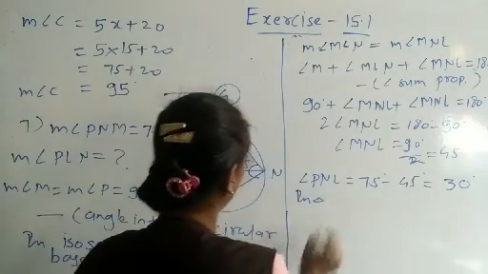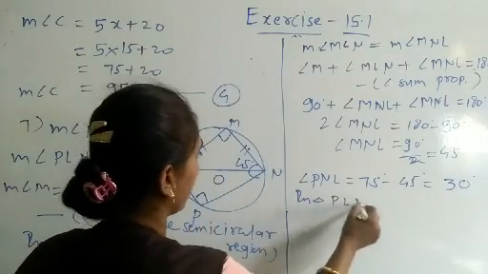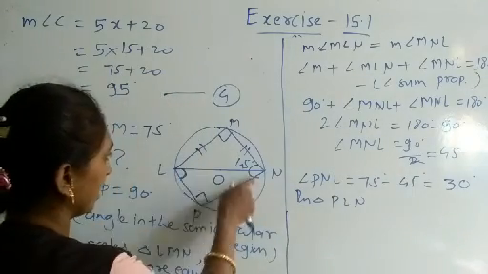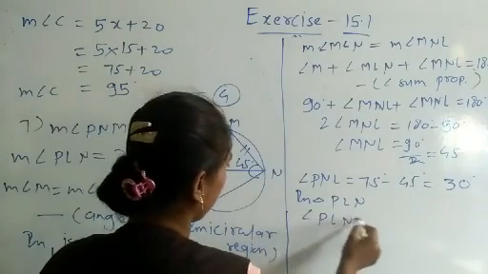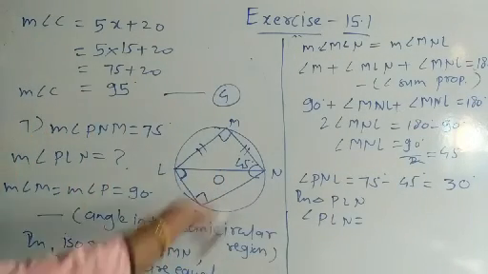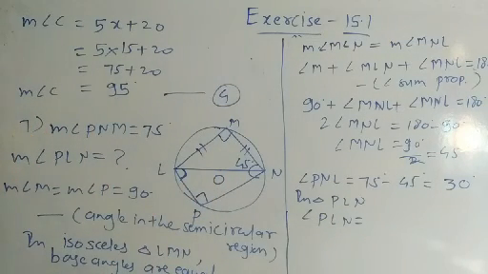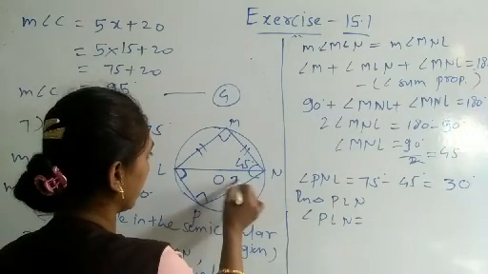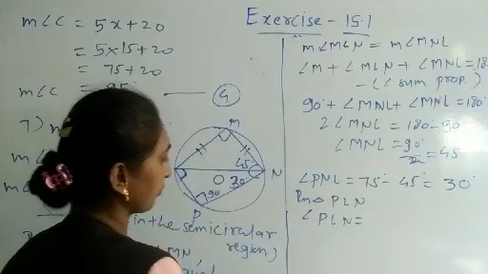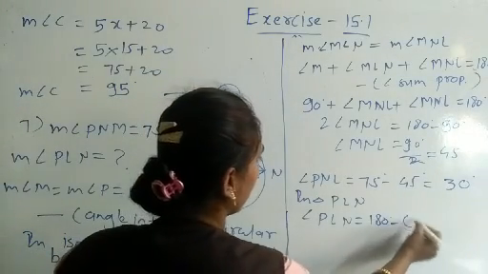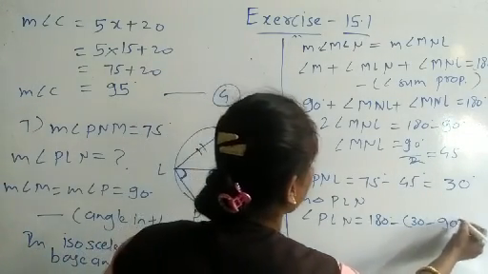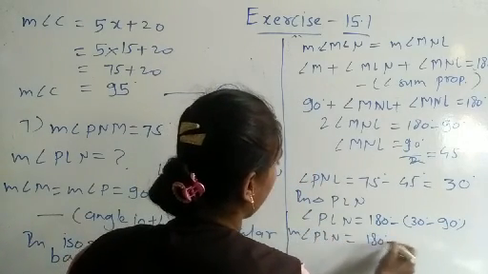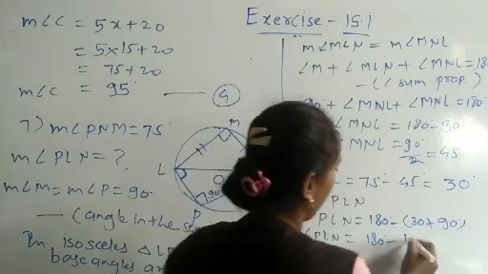Now in triangle PLM only, you have to find angle PLM. Angle PLM equals to, directly I will write here because you already understand how to find the third angle of a triangle. So now this angle is already 30 degrees. This is the 90 degrees. So measure of angle PLM is equal to 180 minus the sum, 120.